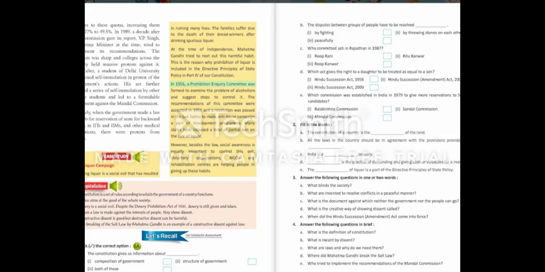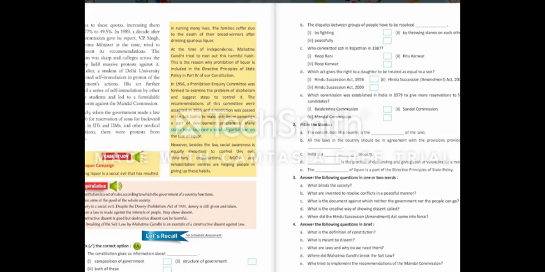In 1956, a prohibition inquiry committee was formed to examine the problem of alcoholism and suggest steps to control it. The recommendations of this committee were accepted, and a resolution was passed in Lok Sabha to make the anti-liquor campaign a part of the development program.